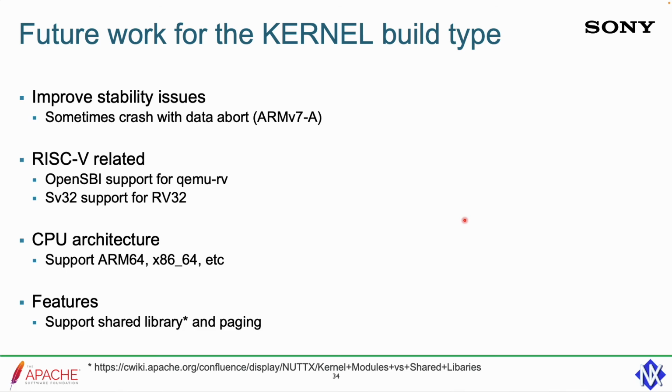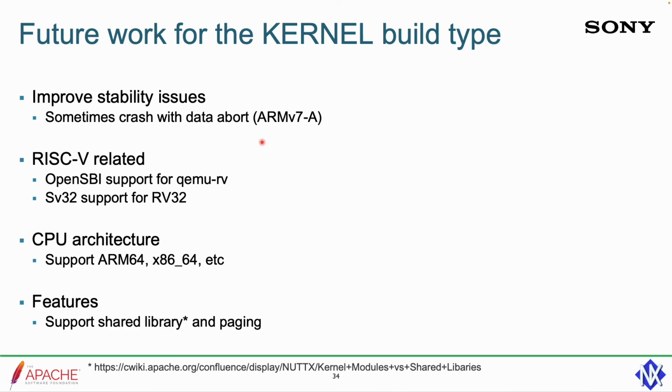So finally, let me explain the future work for the build kernel. I think the biggest one is we need to improve stability issues, because sometimes a kernel crash happens with data abort. Perhaps there's something wrong with context switching.